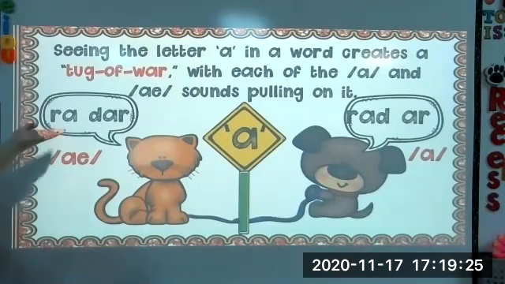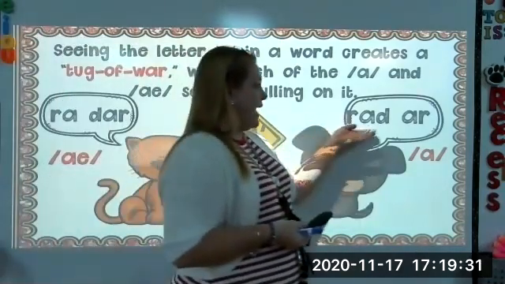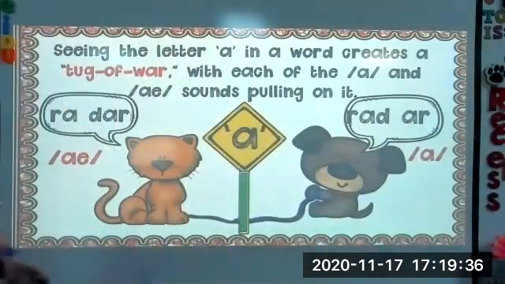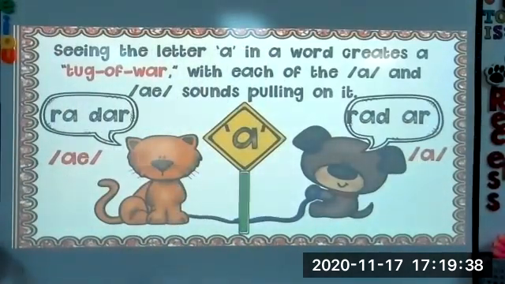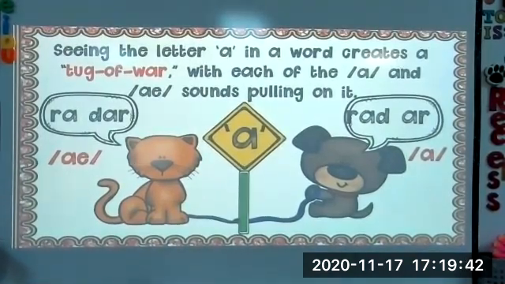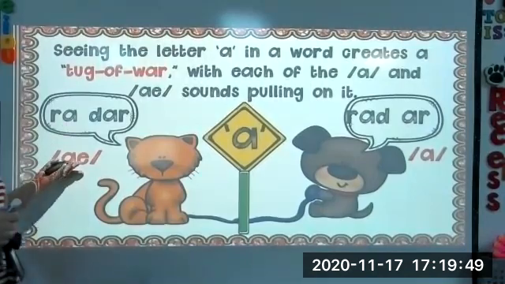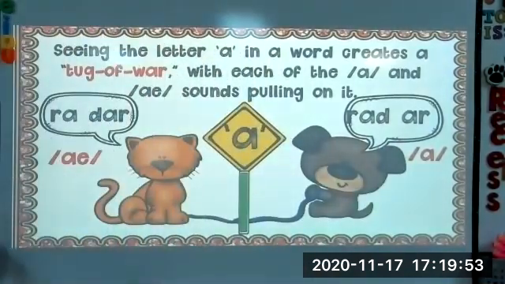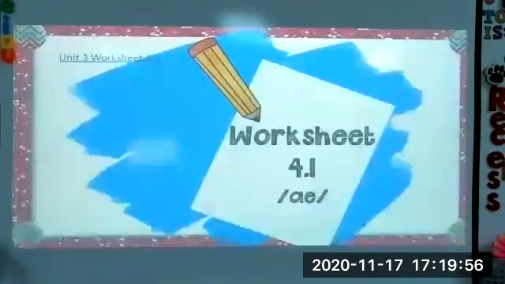Like here's the example. Radar. The A makes the A sound. And with radar, it says ah. So when you're reading, you need to practice breaking the words into chunks and trying out each sound. Is it a long A or is it a short A sound to choose which one makes the most sense?